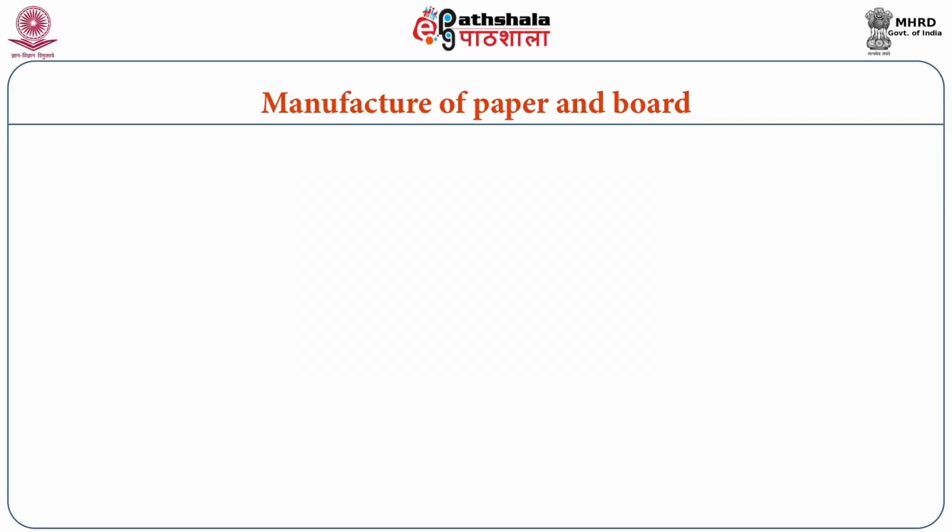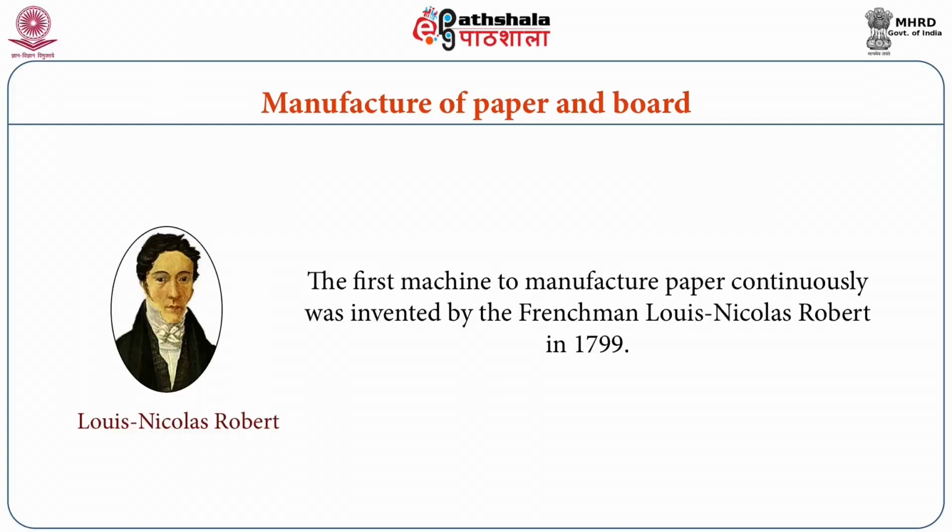Paper and board has a long history, beginning with ancient China and continuing to the present day. While handmade methods dominated for thousands of years, paper production became industrialized during the 19th century. The first machine to manufacture paper continuously was invented by a Frenchman, Louis Nicolas Robert, in the year 1799.